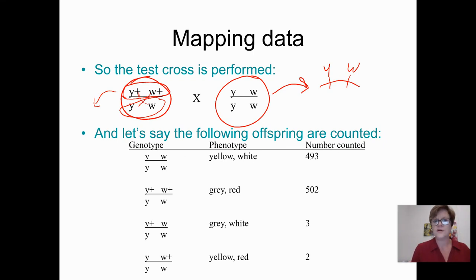And that's based on our rule that says parental allele combinations are more common in the gametes and therefore more common in the offspring than the crossover allele combinations.